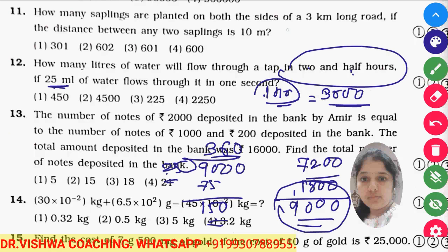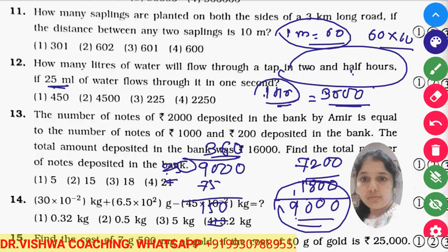One minute. 1 minute is equal to 60 seconds. 60 minutes is equal to 60 into 60, 36. 36 plus 36, 72. 72 plus 18, 90. 900. 9000. 0 plus 0. 0.